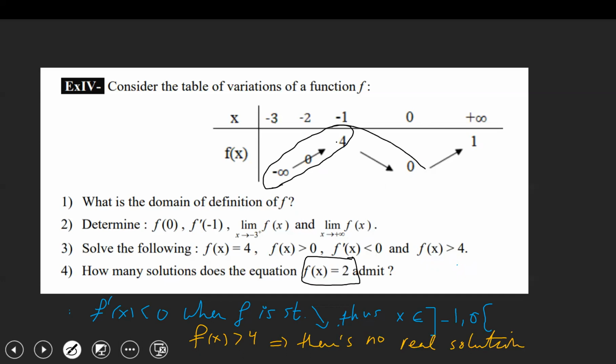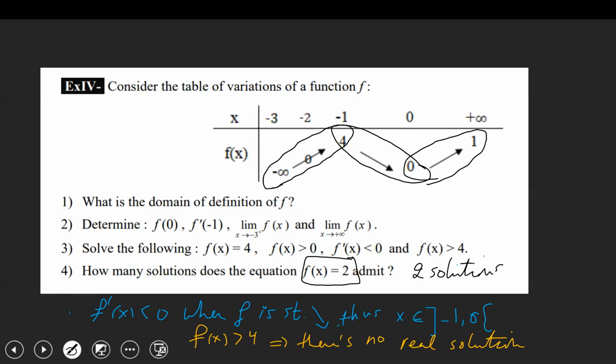From 4 to 0, we are going down from 4, 3, 2, so it passes through 2 another time. Then from 0 up to 1, there is no 2. So how many solutions does f(x) equal to 2 admit? It admits 2 solutions.